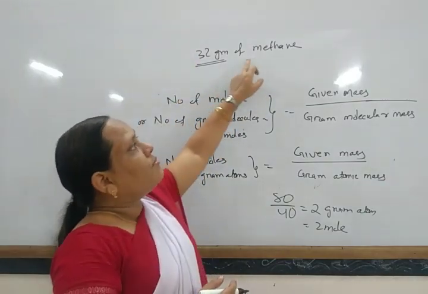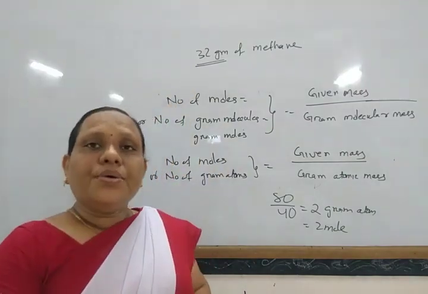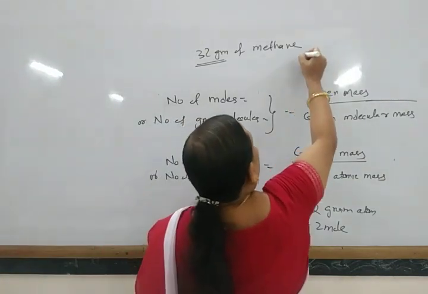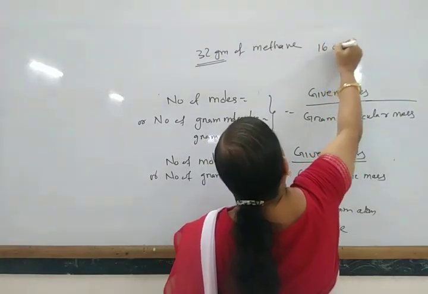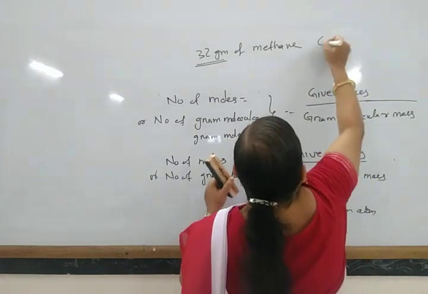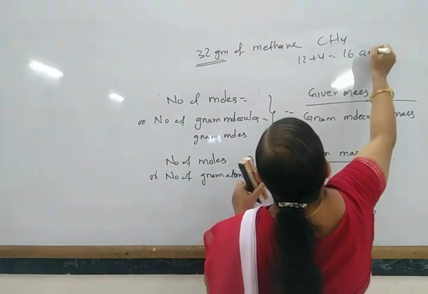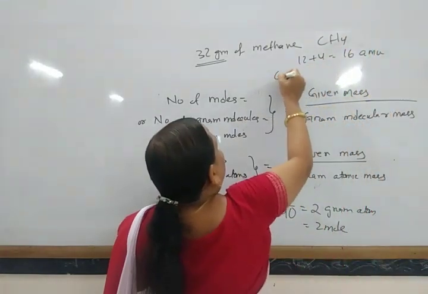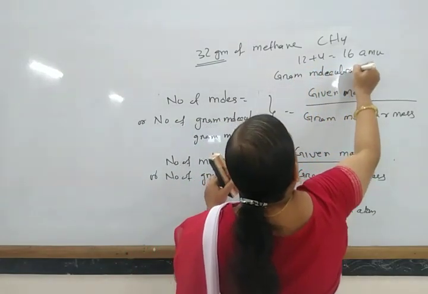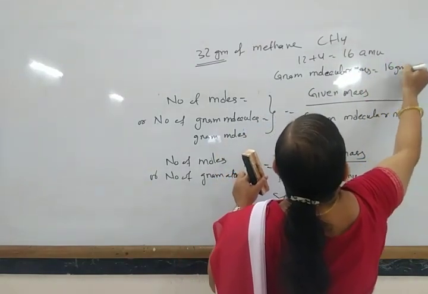You know the molecular mass of methane, CH4, is 12 plus 4, that is 16 amu, and then the gram molecular mass is 16 gram.